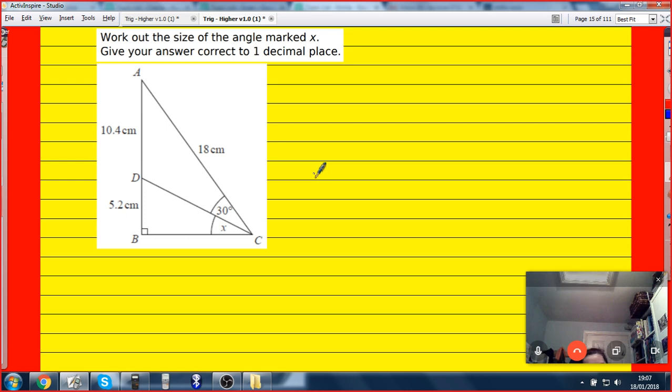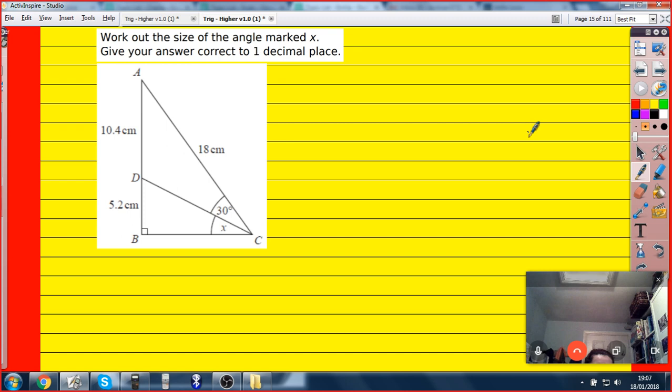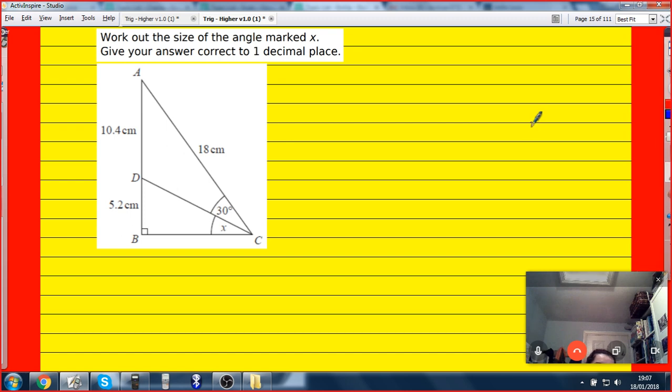Which triangle do you use? The small one, DBC. But then you don't have. Yeah. So would you have to use all of it then? Correct.